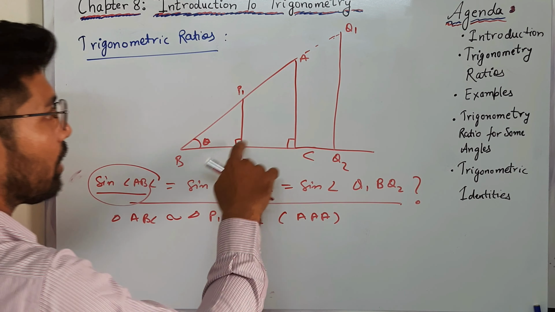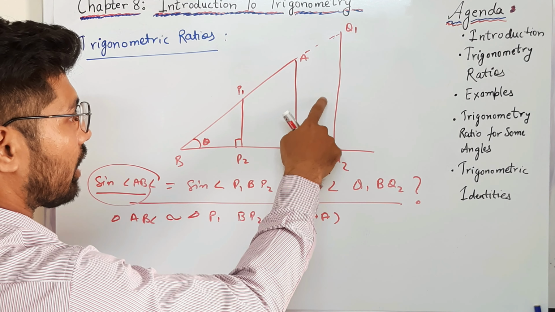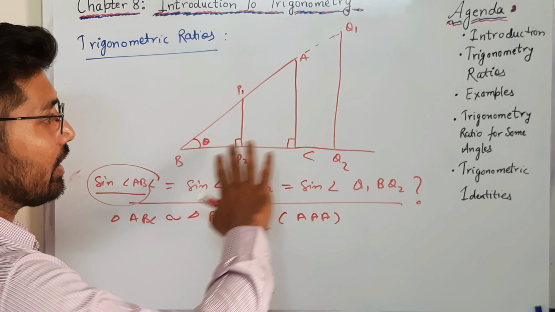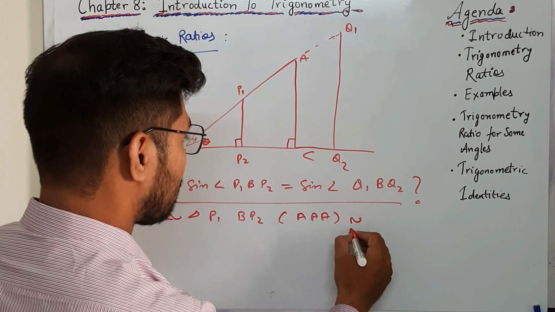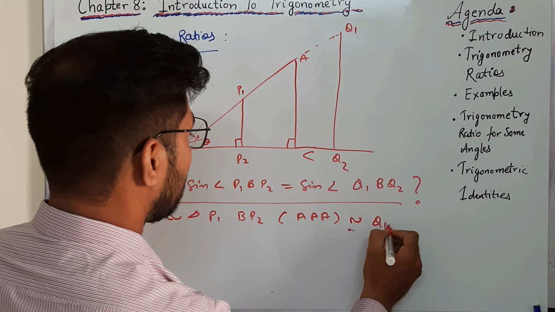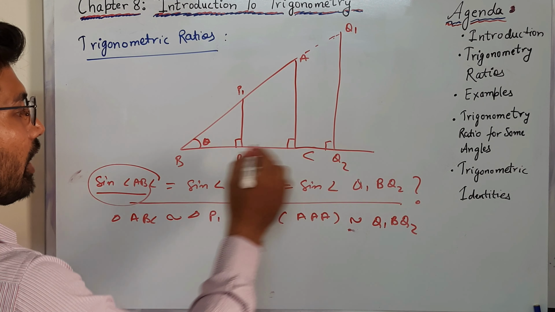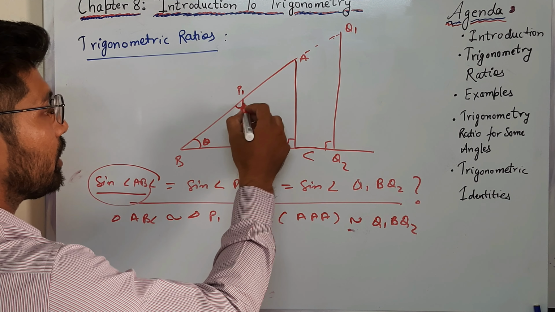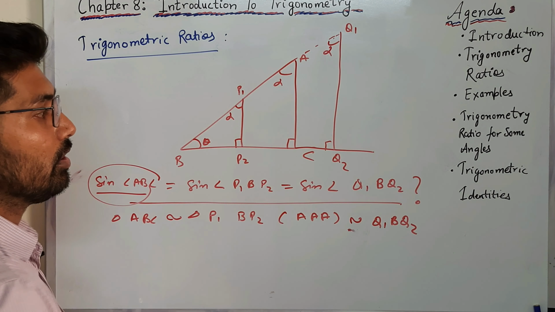Similarly, this triangle Q1 B Q2 is also similar to this one, so all these triangles are similar as per the triple angle property. Because these angles are 90 degree and this is a common angle, this angle will be the same. For example, this is alpha, this is alpha, and this is also alpha.